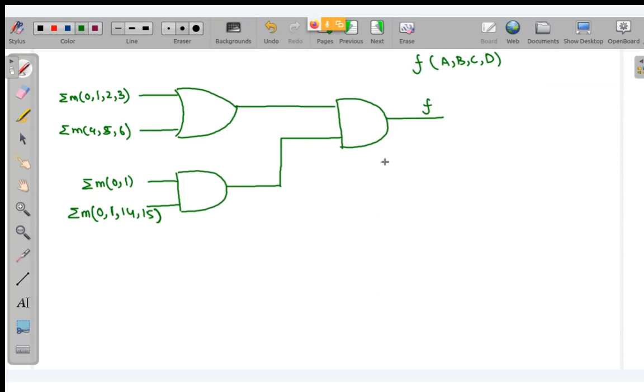So look here, this is your OR gate. Okay, solve. So all the minterms are going to pass, and common terms will be written once. So this is M 0, 1, 2, 3, 4, 5, 6.